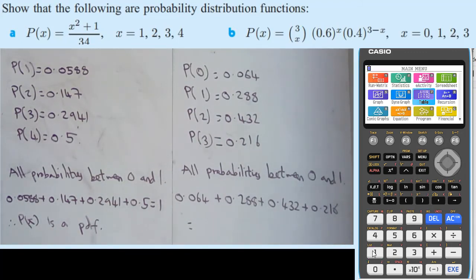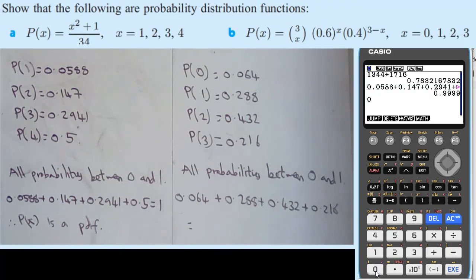Menu 1, 0.064 plus 0.288 plus 0.432 plus 0.216. And that does sum to 1. So again, p of x is a probability distribution function.